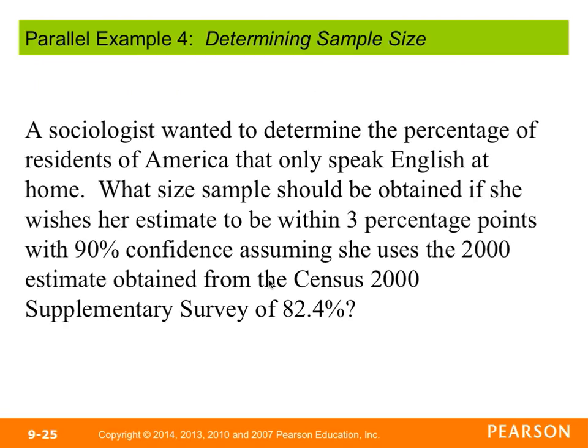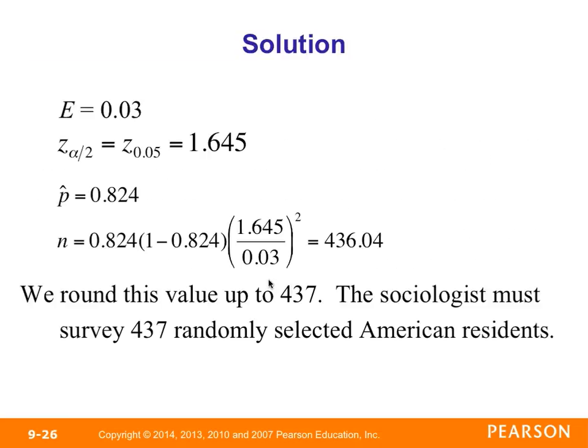Okay, so a sociologist wanted to determine the percentage of residents of America that only speak English at home, and we want to know what size sample should be obtained if she wishes her estimate to be within 3 percentage points with 90% confidence, assuming that she uses the 2000 estimate obtained from the census survey, which was 82.4%. So let's pick this apart.